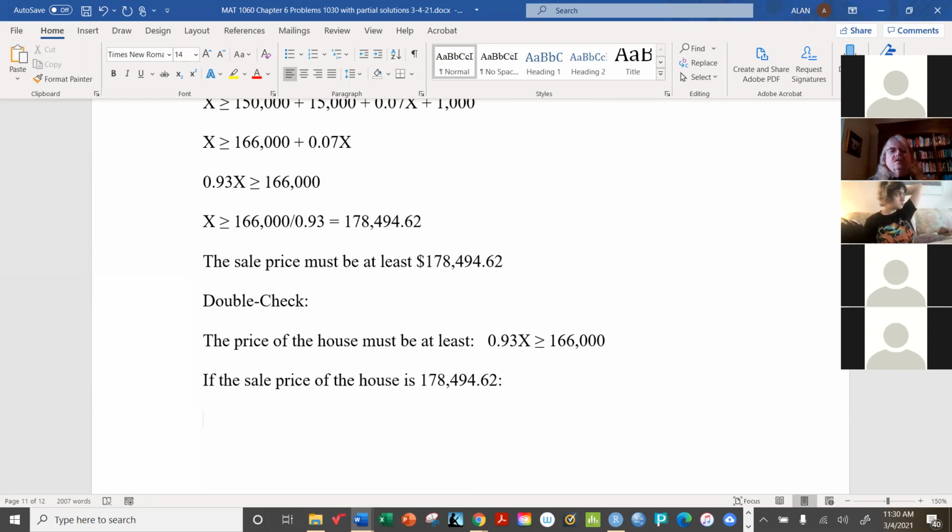So therefore, is this requirement met? This number equals 166,000 even. Therefore, requirements are satisfied.